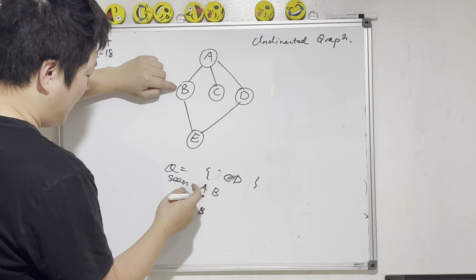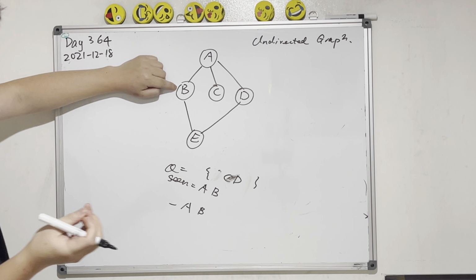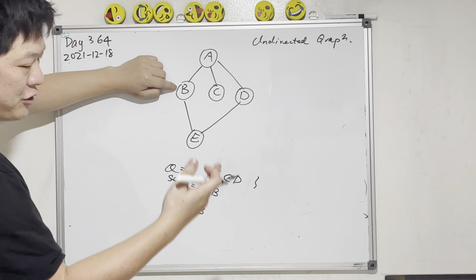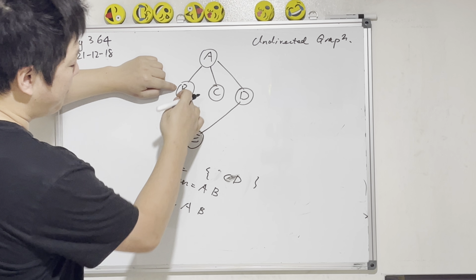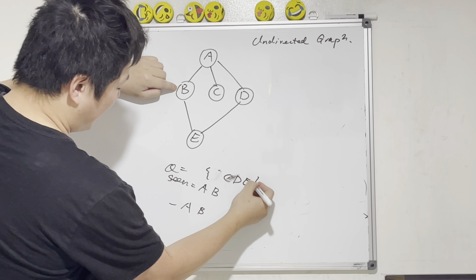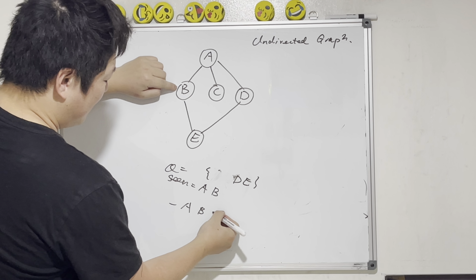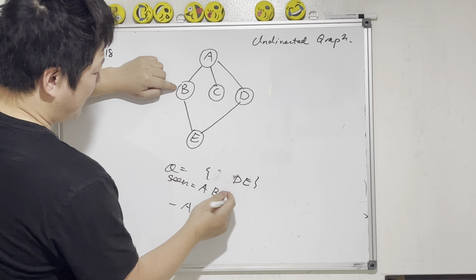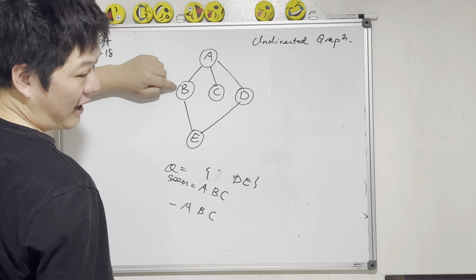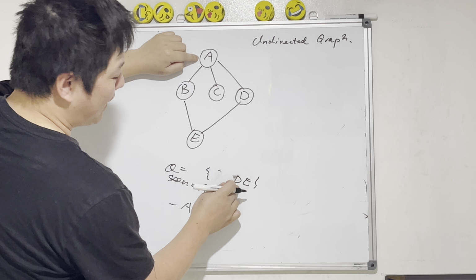We need to check if a node has been visited before we push it to the queue. So it's been visited, and we don't push it. We only push E. Then we take C out and put C in the output. What are C's children? A, but we have visited it, so we don't push it. We continue and take D out.